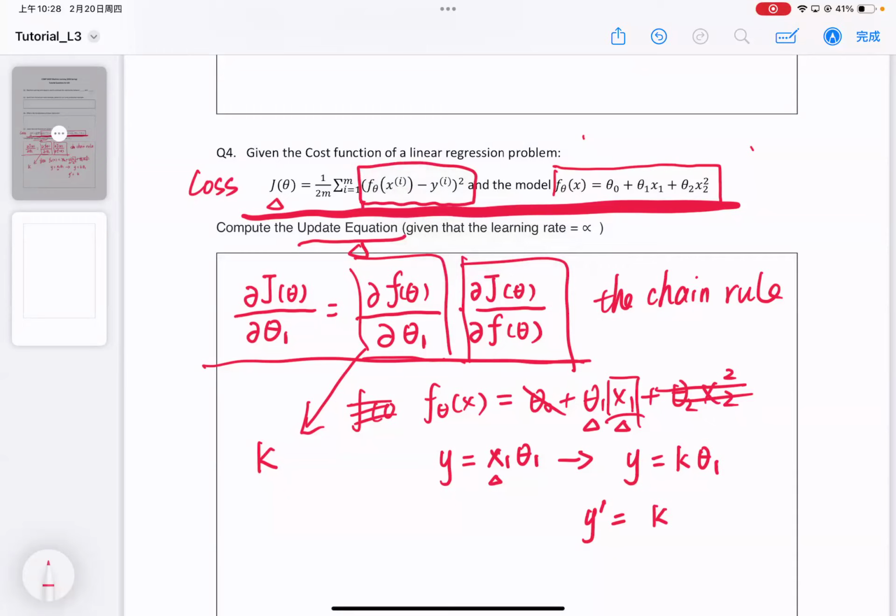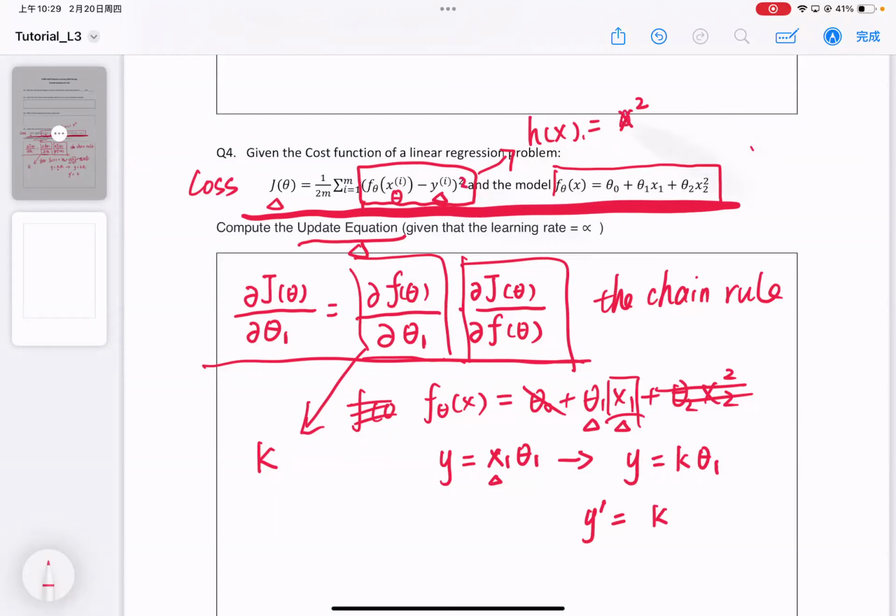This part is a kind of equation similar to h(x) equal to x squared, because this is a constant and we only have theta as a variable inside, with the power of 2.